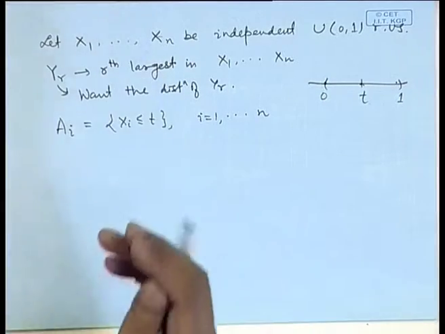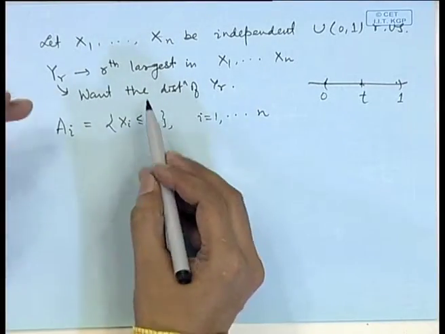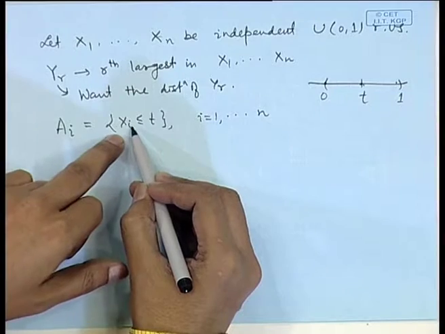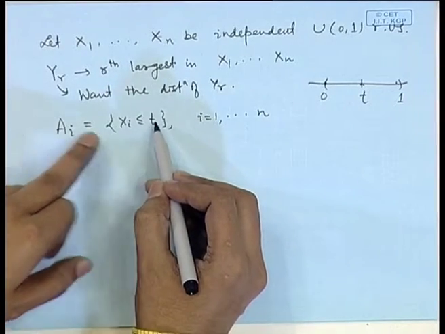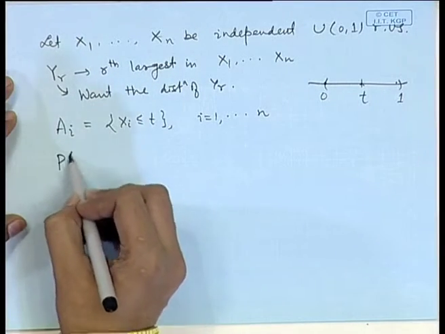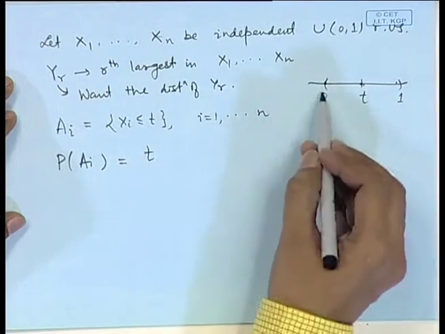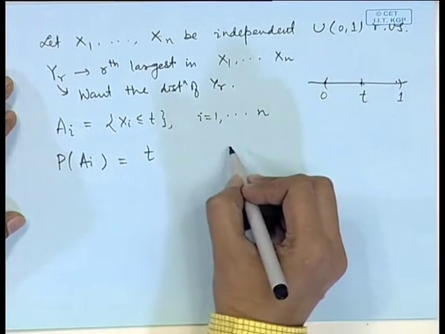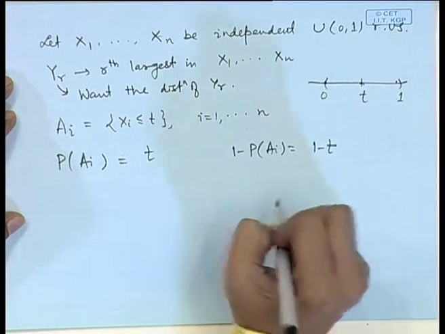So, observing x 1, x 2, ..., x n denotes a sequence of Bernoulli trials, because each x i may satisfy x i less than or equal to t, or it may not. That means A i may happen or may not happen. And what is the probability of A i? That is t, where t is a number between 0 and 1. So, 1 minus the probability of A i is 1 minus t.